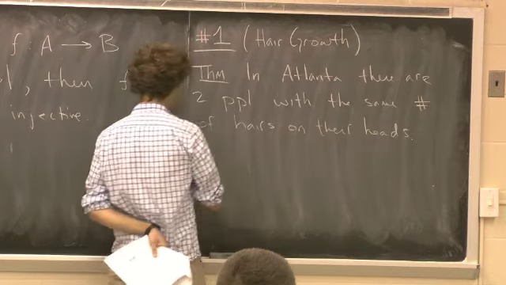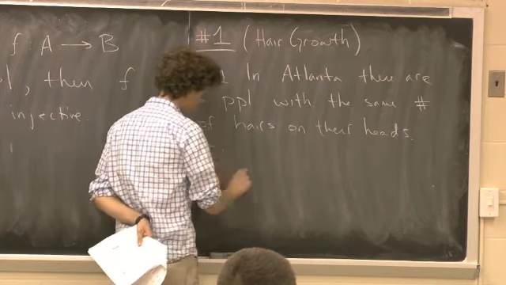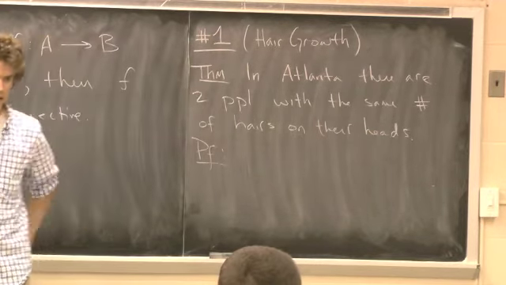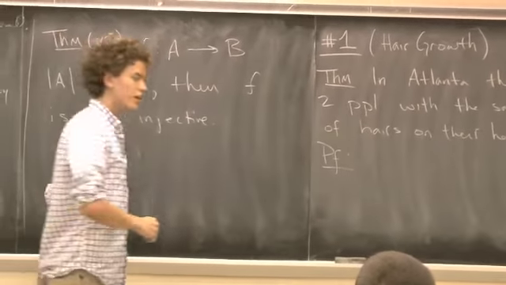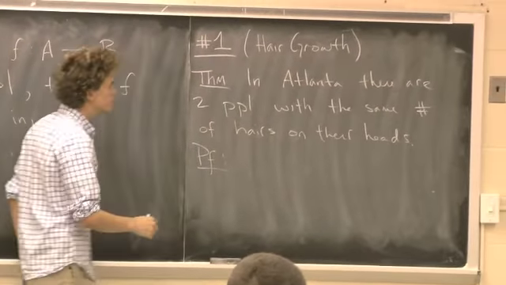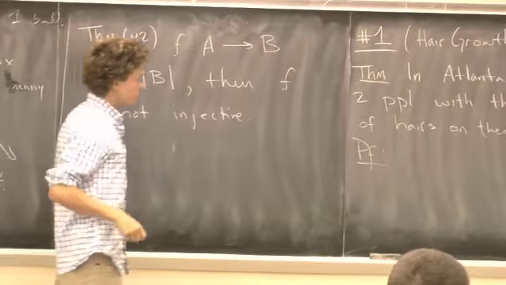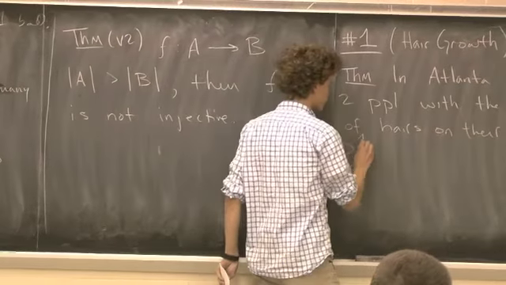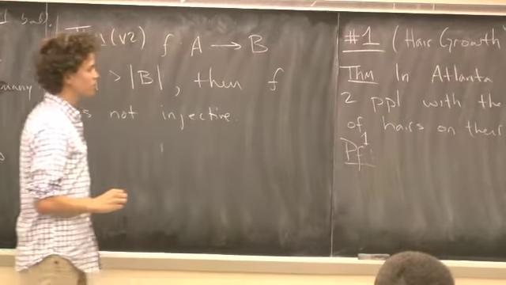Okay? Go down to Atlanta, go look around counting people's hairs, and you can verify this, all right? But probably easier not to do that, and to use our pigeonhole principle.